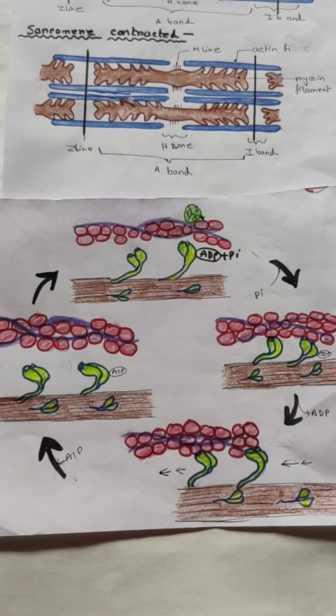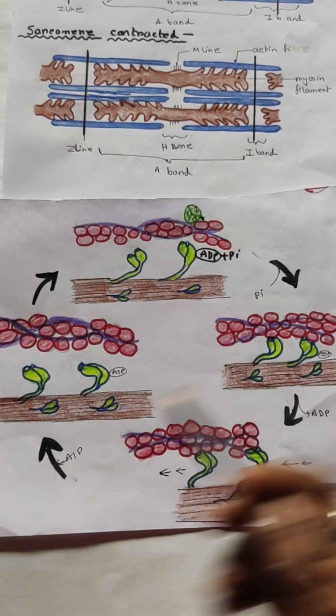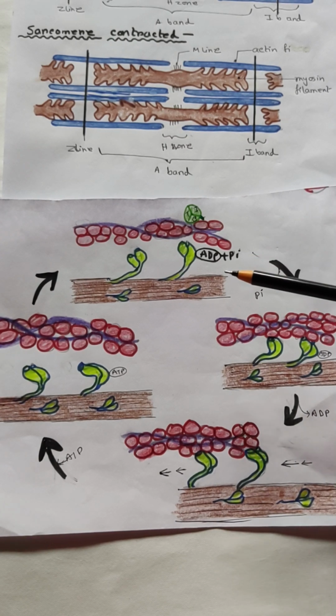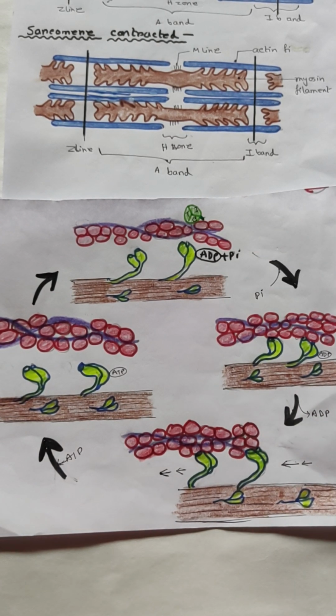If there is much more ATP, much more energy, then the actomyosin complex will form and the contraction will continue. But if there is a limited amount of energy, then there is no contraction, no excitability we can find in the muscle. So when ATP is there, the muscle will contract.